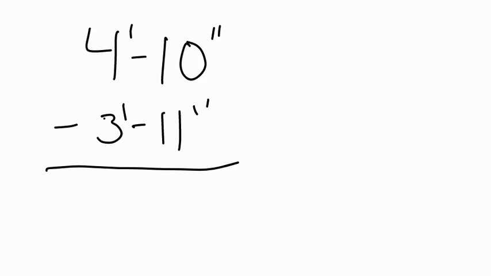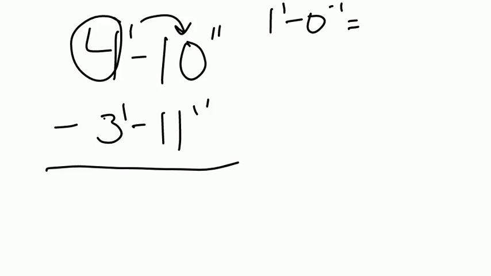Well, there's a lot of ways to do it, but my suggestion is to take this 4 and convert that into inches and add it onto here. So we know that 1 foot 0 inches equals 12 inches. So then this line here would be 3 feet.